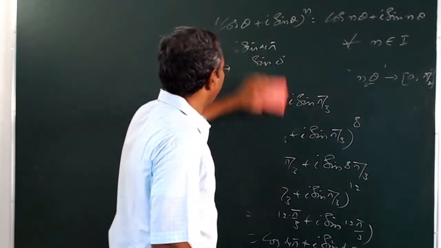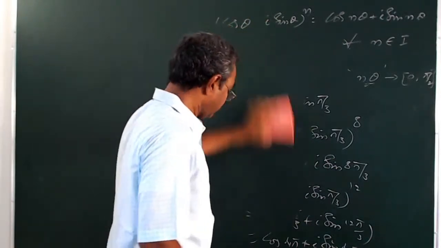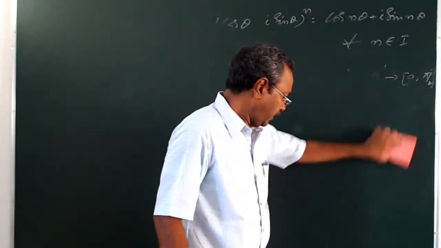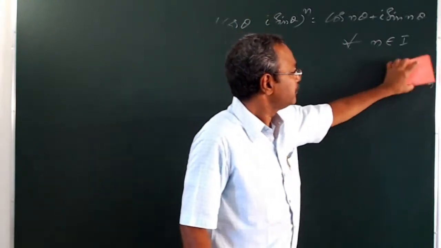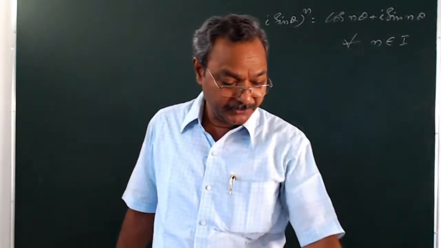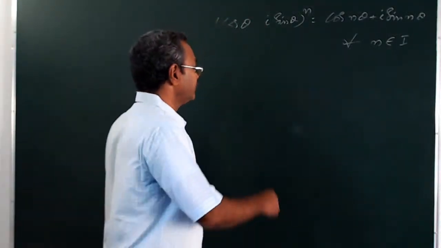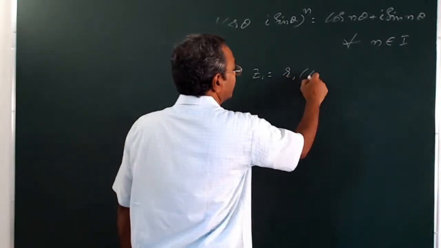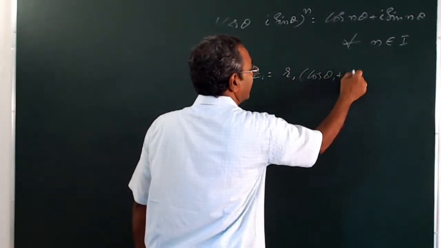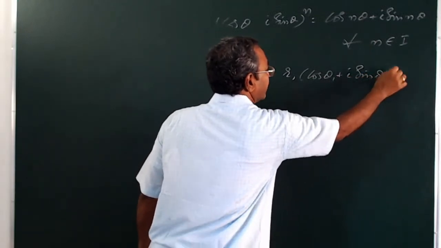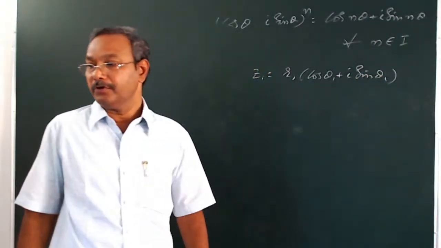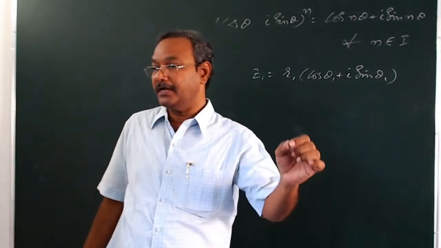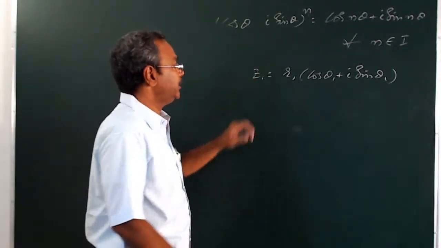Okay, so before that, let's see what are some important properties of this modulus amplitude form. So if Z1 is a complex number, R1 into cos theta 1 plus i sin theta 1, that is our Z1.